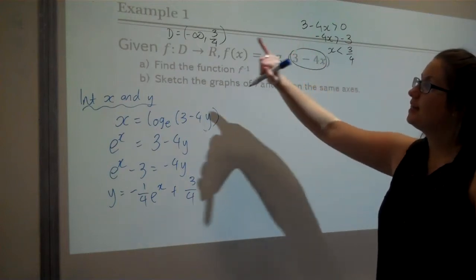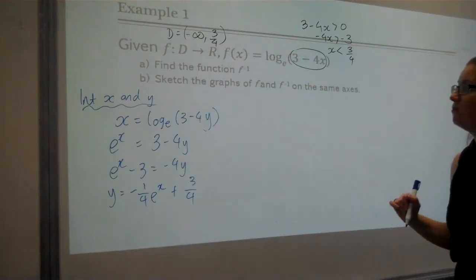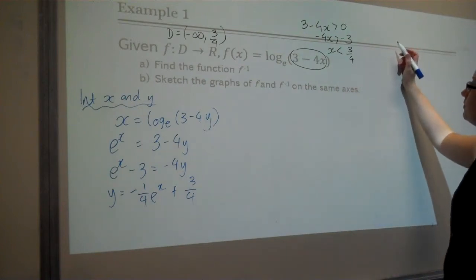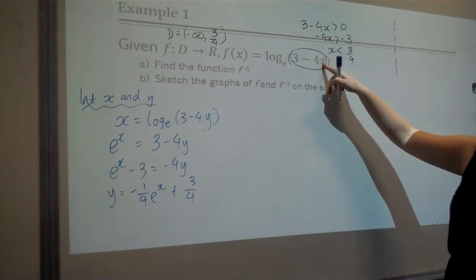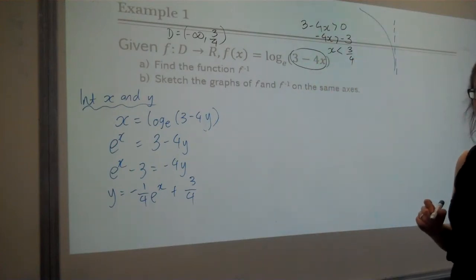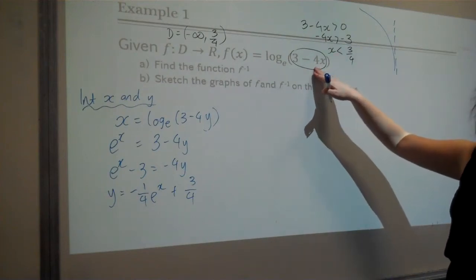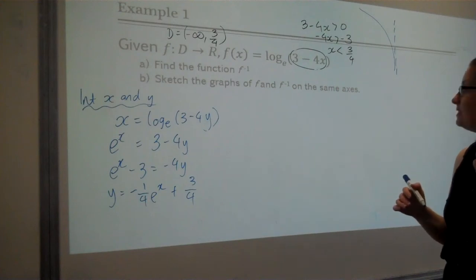The original function had a domain of negative infinity to 3/4. Because it was a logarithmic function, and because we had a negative 4x, it would have had a shape like so. The x values had been swapped, it had been reflected across the y-axis.